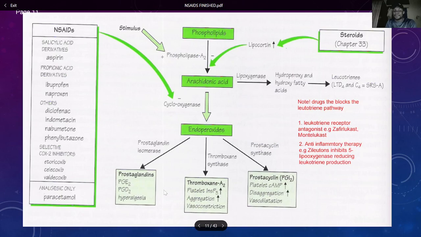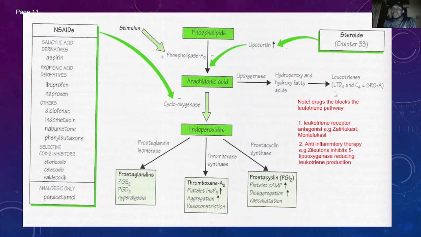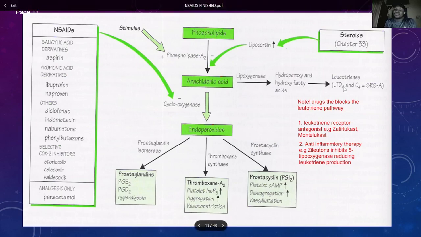Right? And these are the effects of these prostanoids. Now there's an important pathway that I want to talk about, which is the leukotriene pathway. The reason it's important is that it's important in asthma, right? Leukotriene is the product that is formed from this leukotriene pathway.